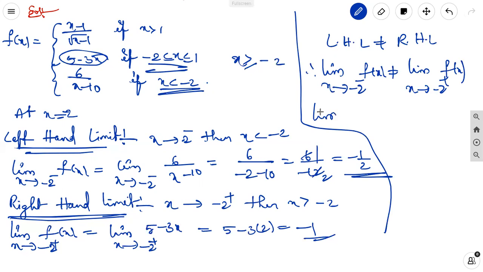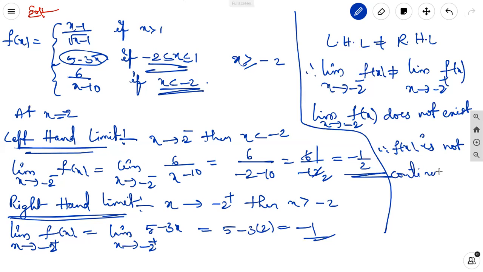Therefore, limit x tends to -2 of f of x does not exist. Therefore, f of x is not continuous at x equal to -2. Okay, it is the one relation.